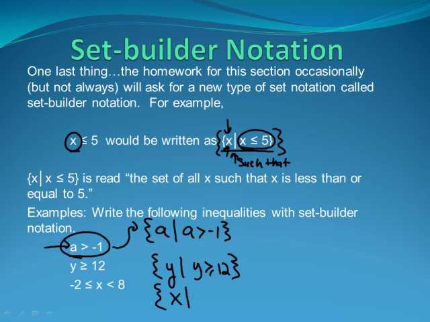So we've got values x such that x has to be greater than or equal to -2, or if you read it left to right, -2 is less than or equal to x. But at the same time, x has to be less than 8. And so that would be set builder notation for that particular example.